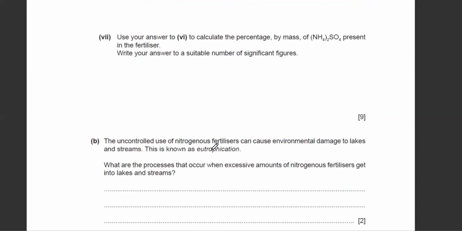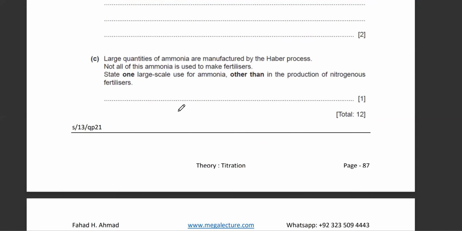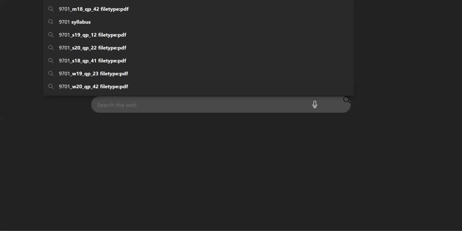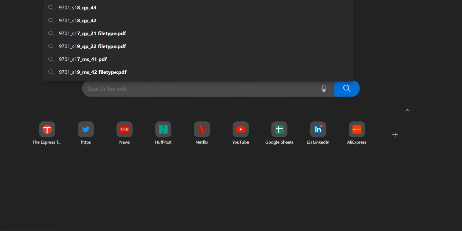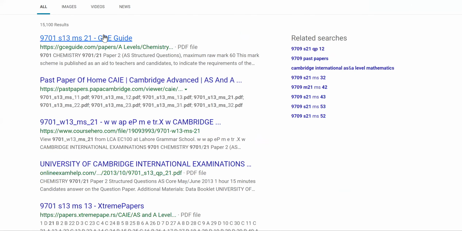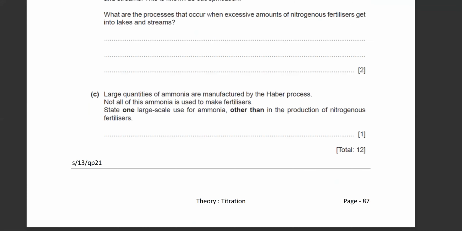सर मार्क्स स्कीम चेक कर लें। हाँ वही मैं कह रहा हूँ, S13 QB21, जस्ट अ सेकंड। अच्छा, कौन सा क्वेश्चन था?